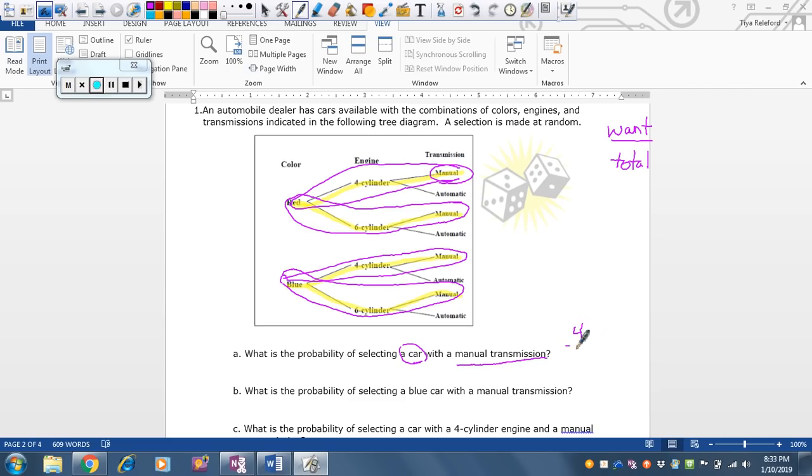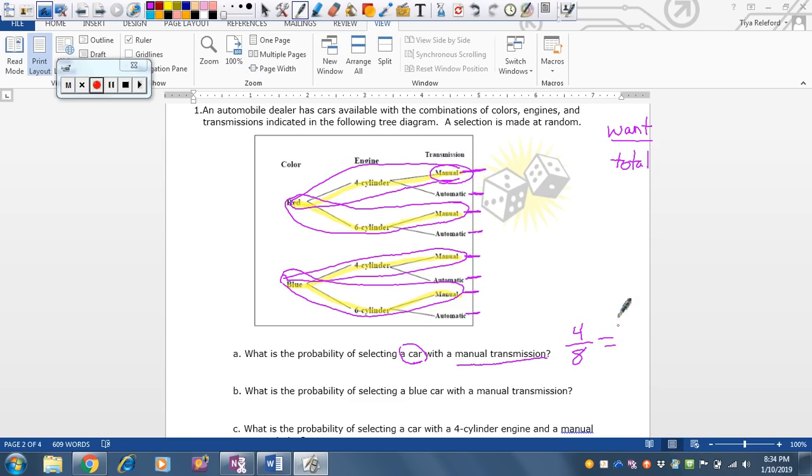So 4 is your top number. And how many are there total? Remember, we're going to count the ends. So we have 1, 2, 3, 4, 5, 6, 7, 8. So that is 4 out of 8 total.